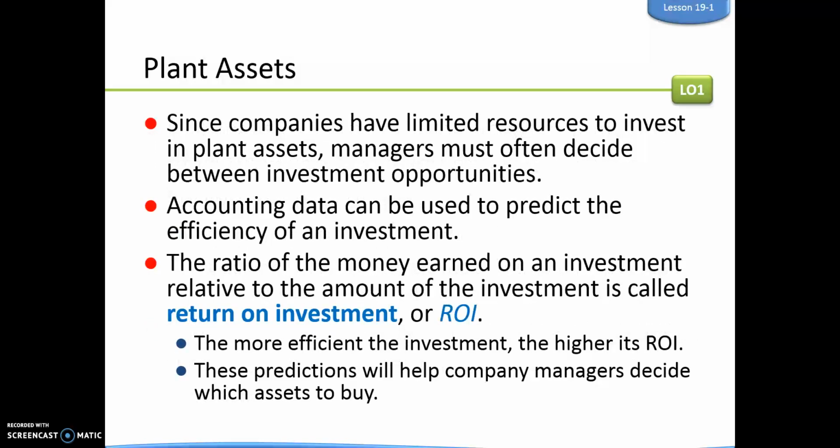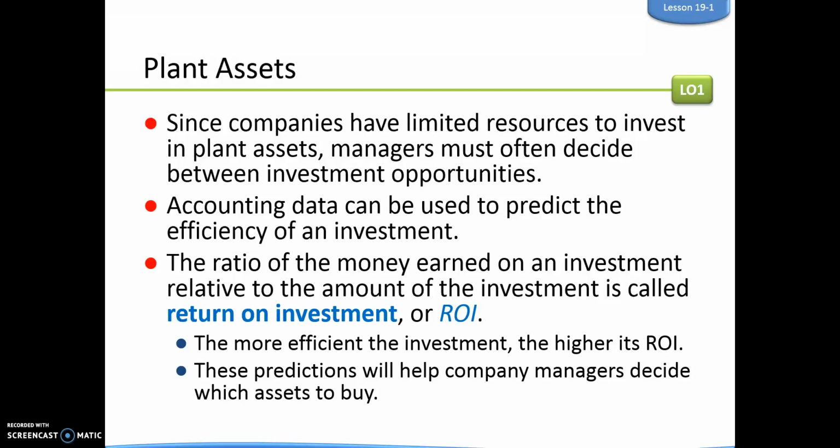So the problem with that is that since companies do have limited resources, meaning money, to invest in plant assets, oftentimes managers have to make a decision between which investment opportunities are going to be the best for that business. And using accounting and the data we can collect, we can help make better predictions about the efficiency of an investment. So one of the most common ratios that we use when we're talking about that is something called ROI, or return on an investment.